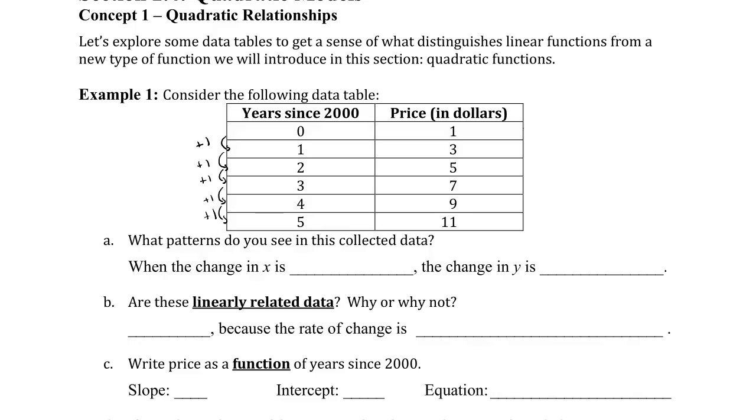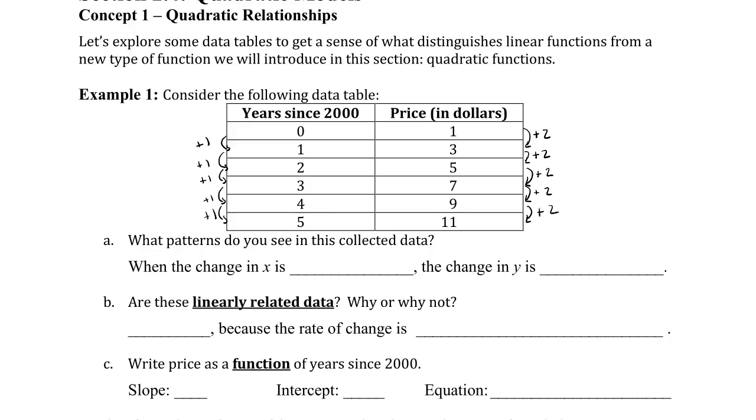and the output value, well, let's see, going from 1 to 3, that's an increase of 2. From 3 to 5, that's also an increase of 2. From 5 to 7, an increase of 2. 7 plus 2 is 9. 9 plus 2 is 11.